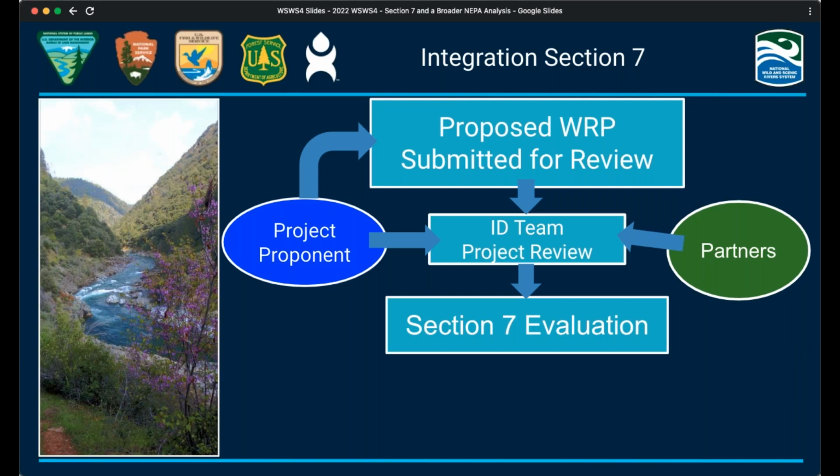The analysis is an objective review of the project effects on free flow, water quality, and ORVs. And even if a third-party contractor has a major role in preparing the evaluation, it's still the river administering agency's responsibility to make the determination.